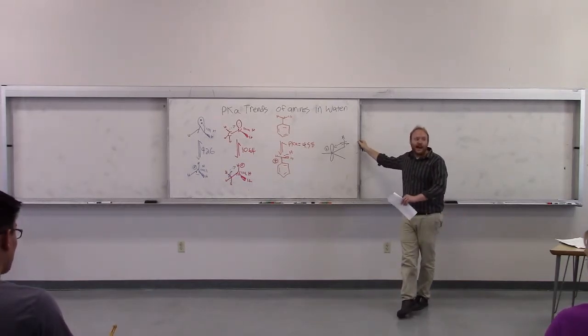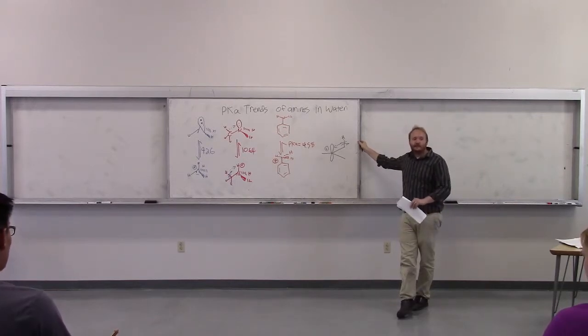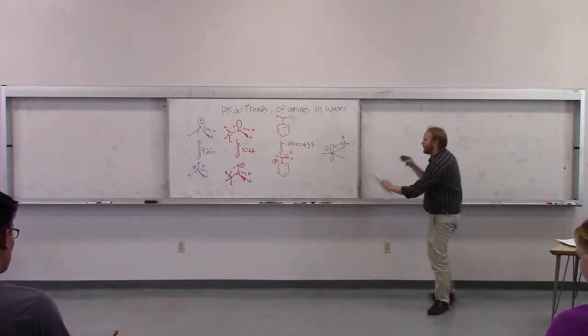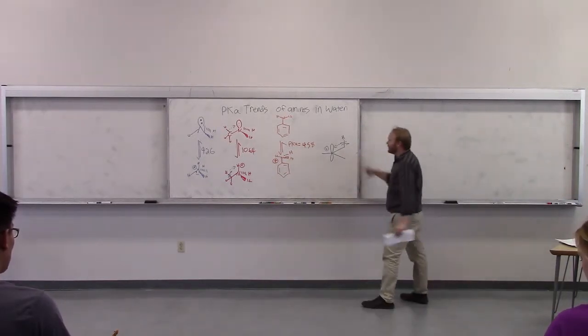The more substituents you have that can do this, the more stable. That's why a tertiary carbocation is more stable than a primary: we're putting electron density into the empty p orbital.